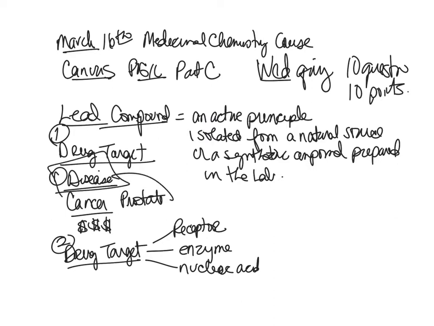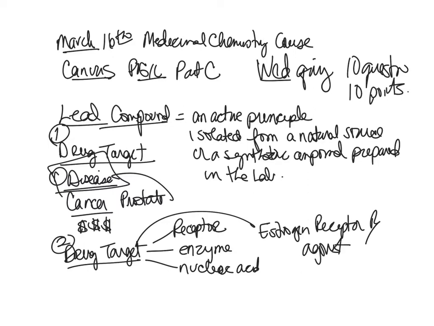My disease was prostate cancer, and my drug target was the estrogen receptor beta. From there you can decide whether you have an agonist or an antagonist. I had an agonist, and so that turned on the receptor, but you can have an antagonist. So you get to propose those.